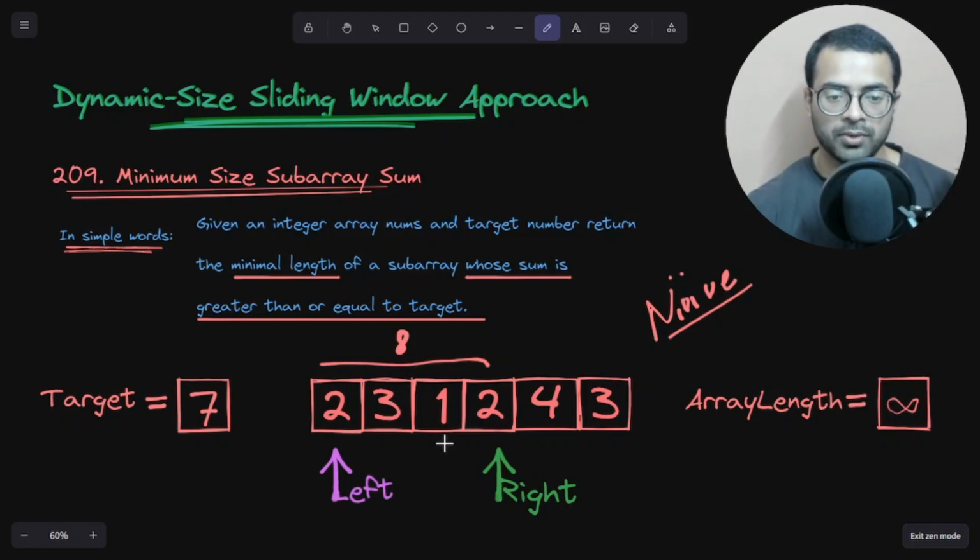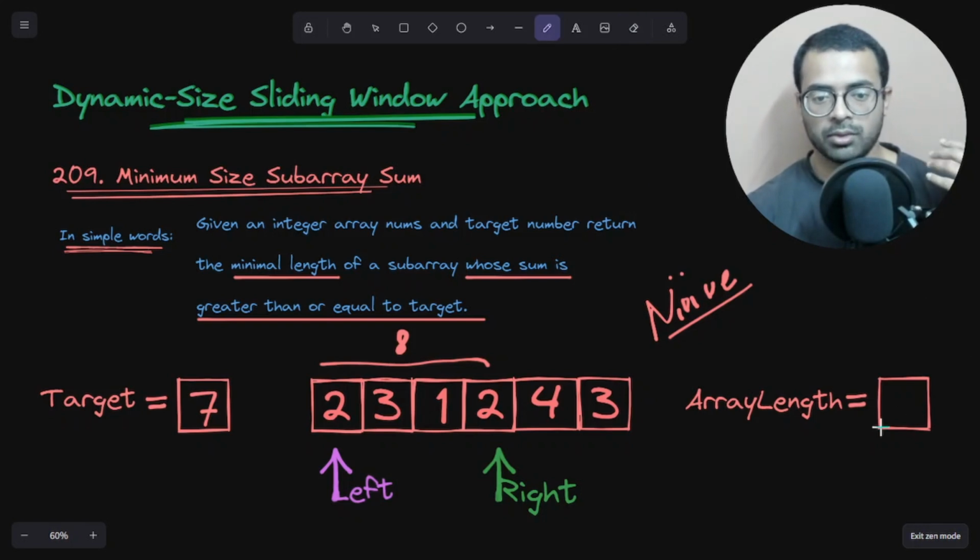Okay, now we have found that this subarray is producing a sum which is greater than the target value. So we are going to update the array length. I am removing the infinity we started from, and we are going to update it with the length.